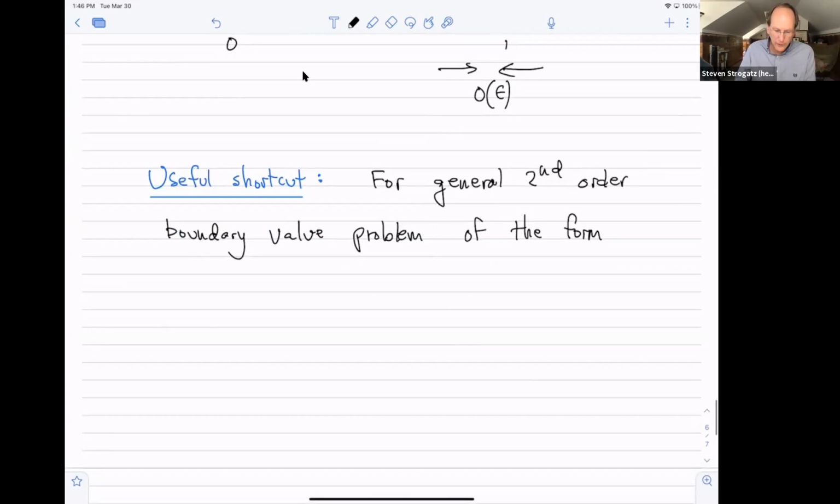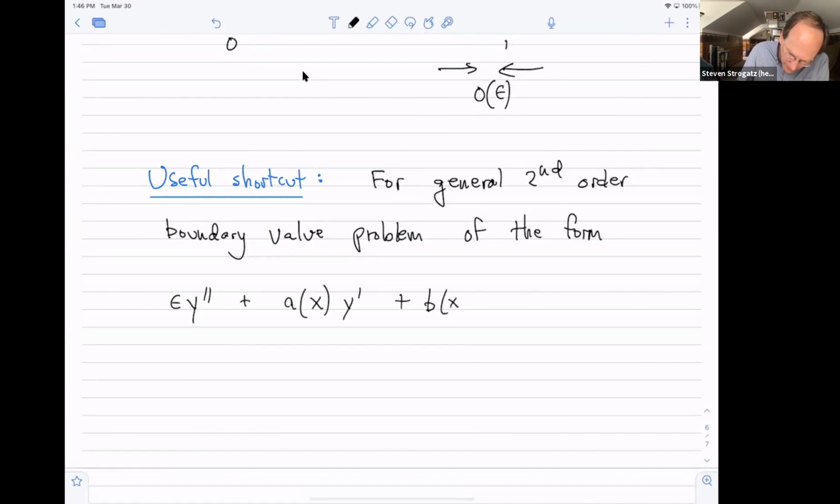So for a second order boundary value problem of the form, epsilon y double prime plus some function a of x, y prime, plus another function b of x, y equals 0. So I don't know why I said general, because it's not so general. I'm making some big assumptions here. Let's suppose this is on the interval 0 to 1.